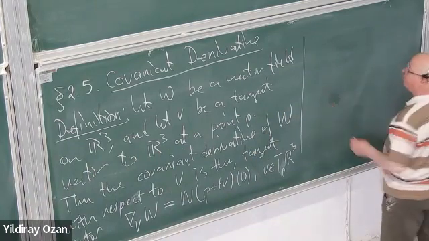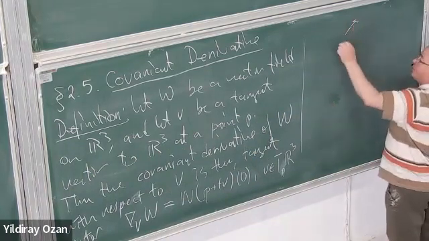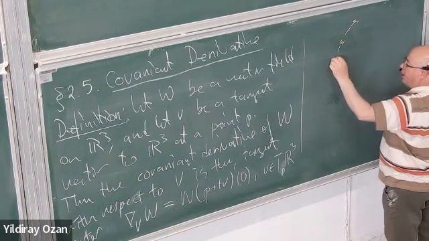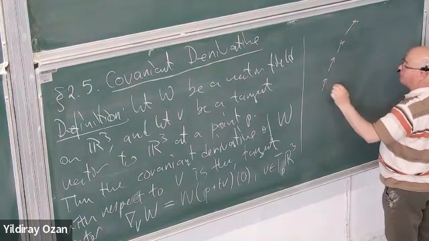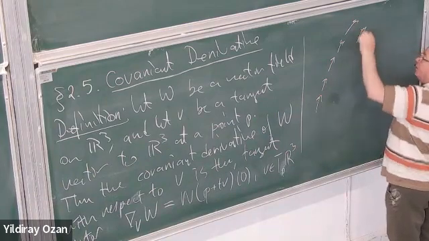Let me draw you a picture. Suppose the vector field is something like this. At all points, I have some vectors like this.